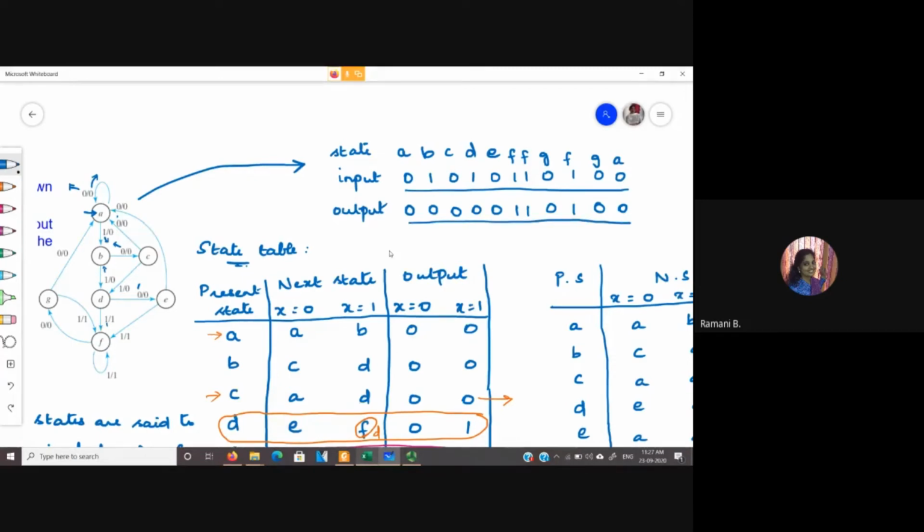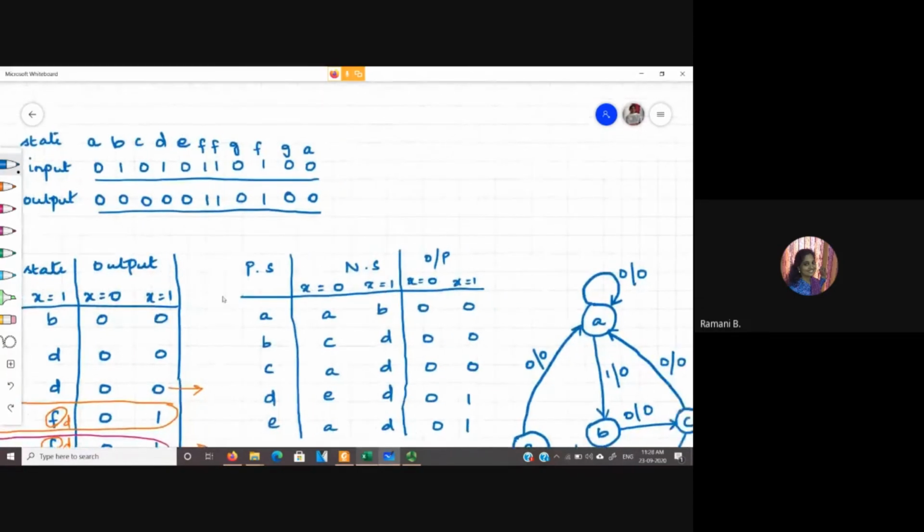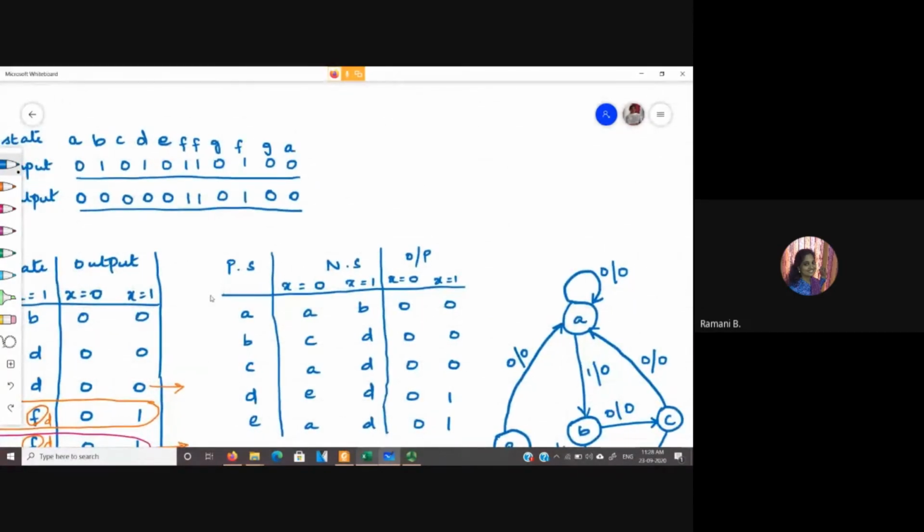So let us copy the same input sequence for this particular reduced table. The input is 0, 1, 0, 1, 0, 1, 1, 0, 1, 0, 0, and then the corresponding state and the output.